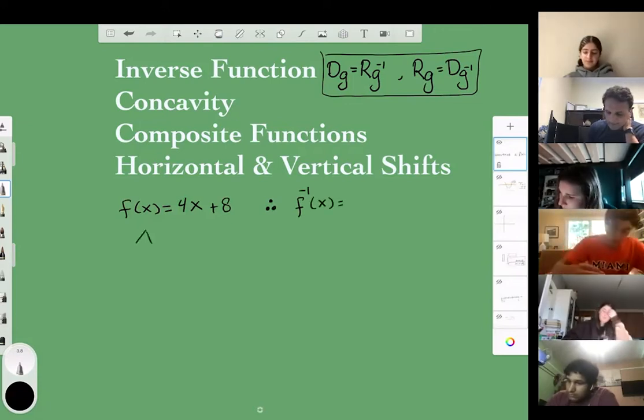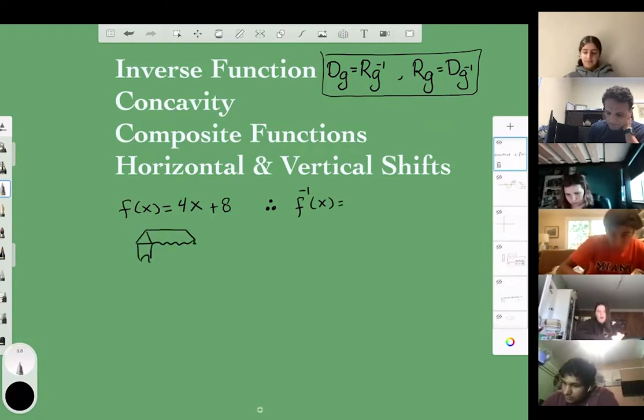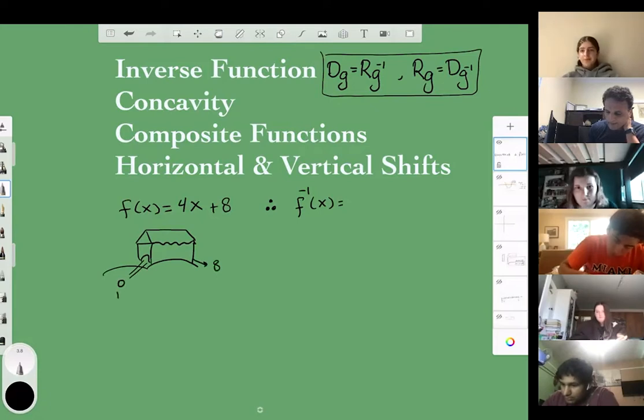That means there is a factory here. This factory, if 0 goes inside, we get 8. If 1 goes inside, we get 12. If 2 goes inside, we get 16, correct?